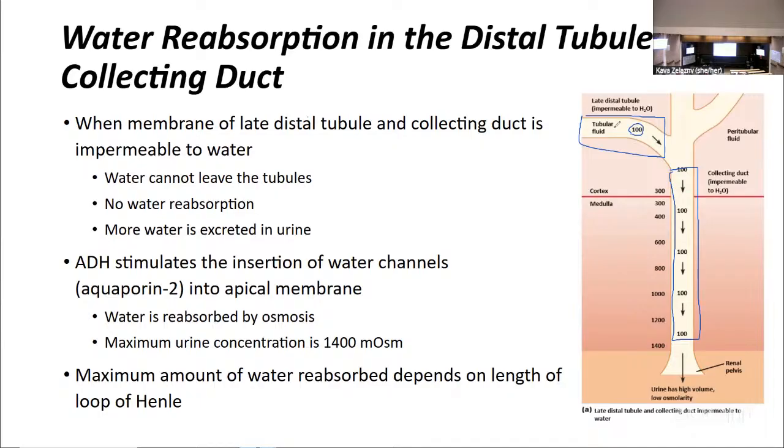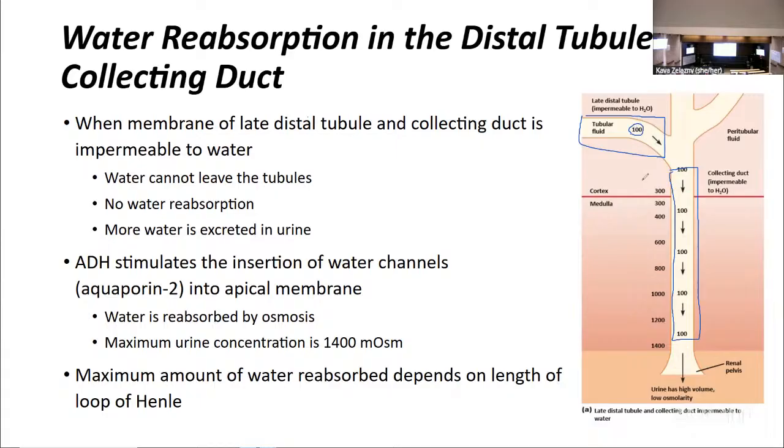Our tubular fluid, as it goes through the late distal tubule, is at 100 milliosmoles for its osmolarity. If you want to remember how it got there, we had a series of images that you can look through, seeing how that osmolarity of tubular fluid changes. But otherwise, just know it's at 100 here.